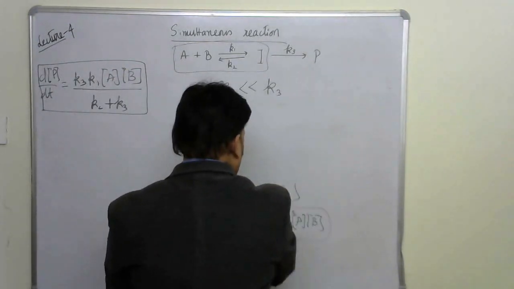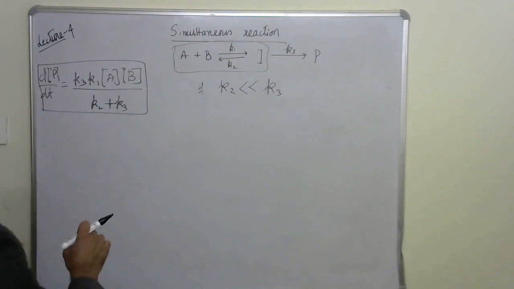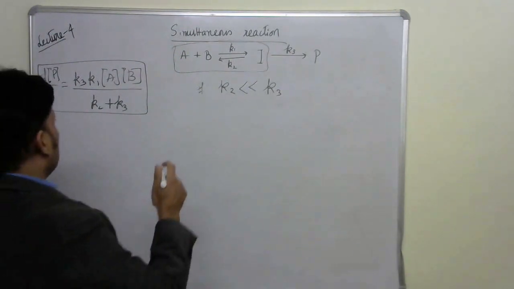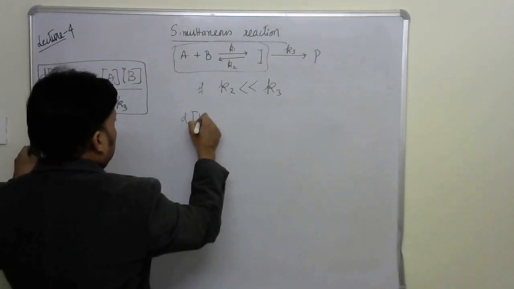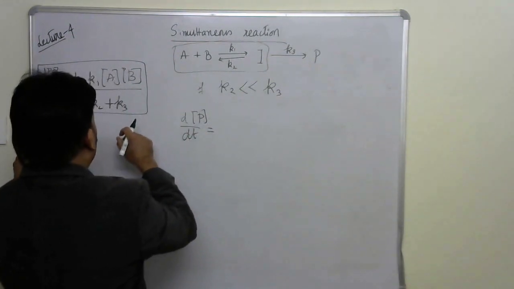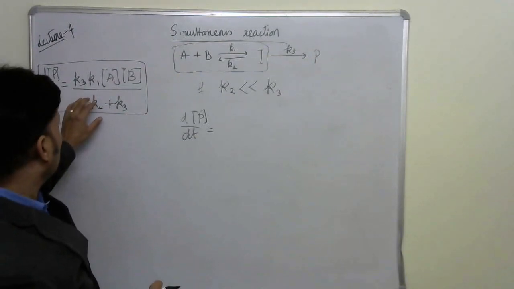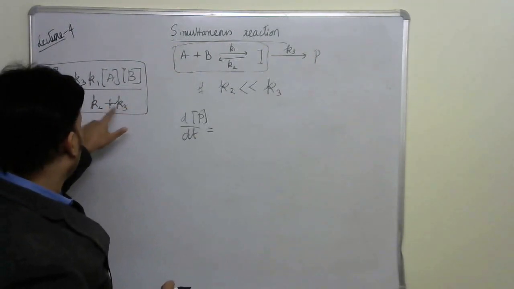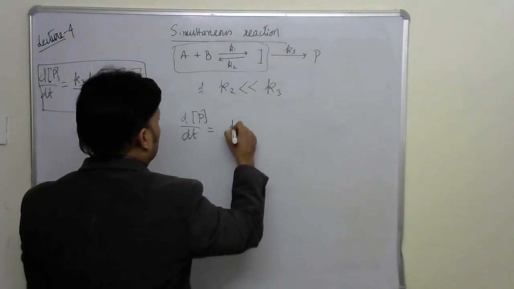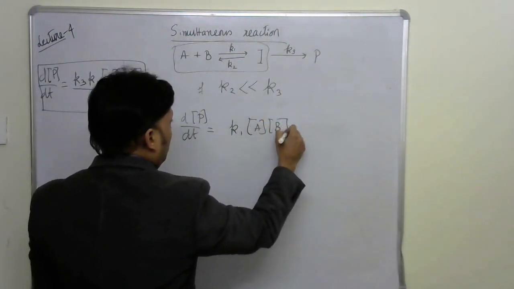From the equation drawn at the left, we can say that dP/dt becomes equal to, K2 here is negligible so we can neglect K2, and then K3 cancels out, and we get K1 multiplied by A multiplied by B.